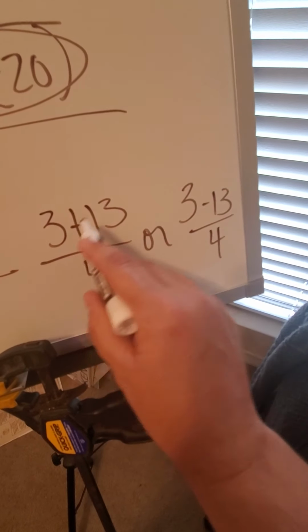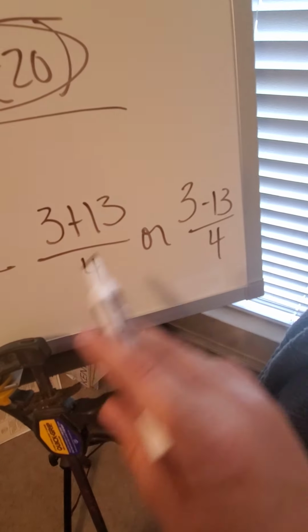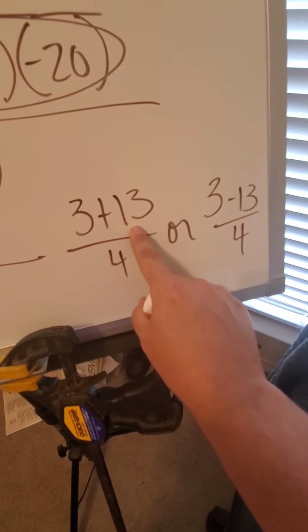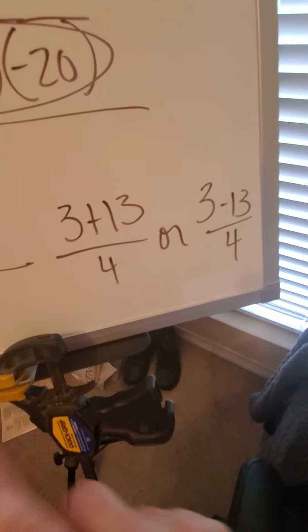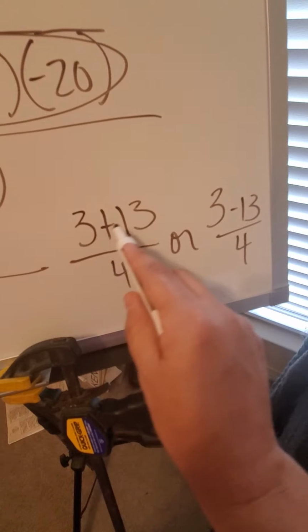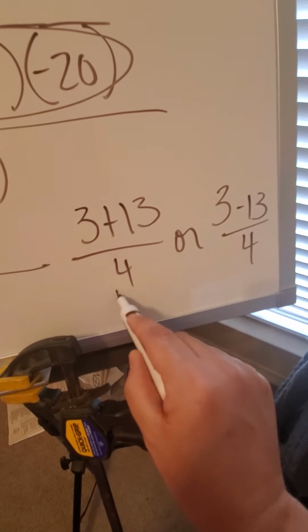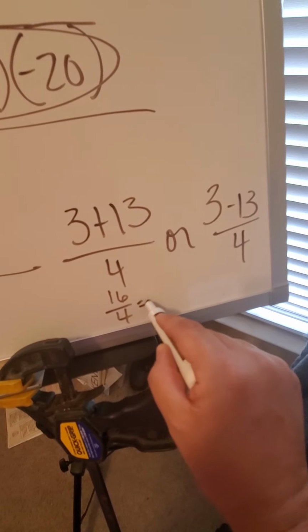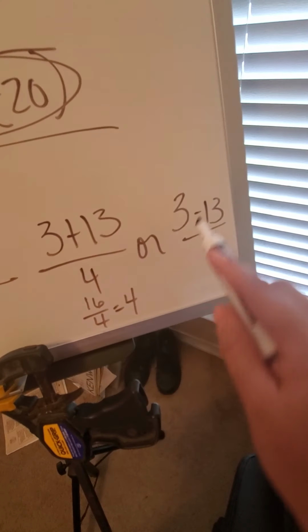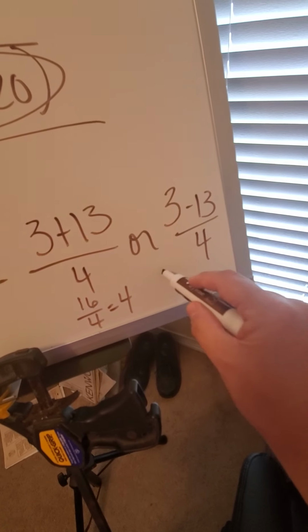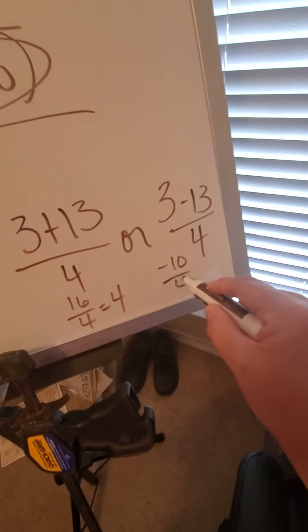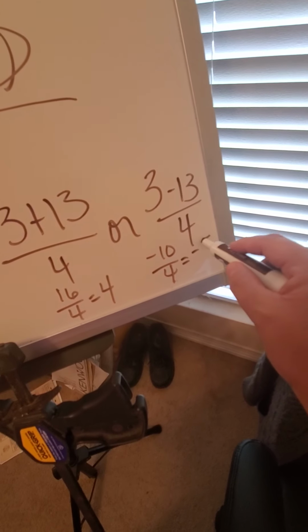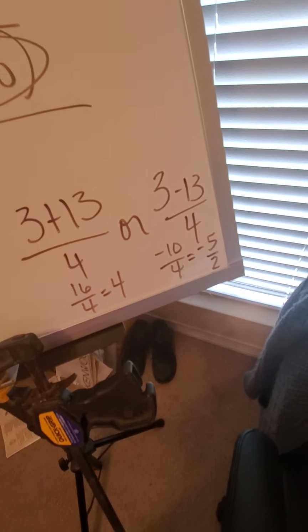Okay, remember that plus or minus. I can separate it if I get a whole number answer here. If I don't, I gotta leave it, okay? So 3 plus 13 is 16. And 16 divided by 4 is 4, right? And then 3 minus 13 is negative 10 over 4, which will reduce to negative 5 halves, or negative 2.5.